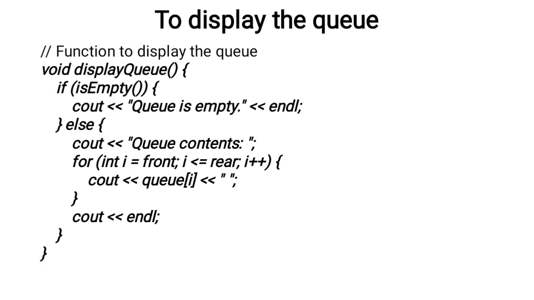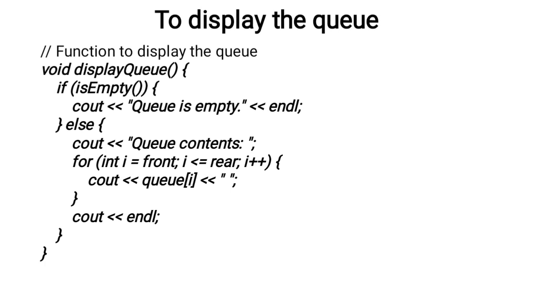Then let's understand something that is very important: displaying the queue elements. When displaying the queue elements, we can first check if the queue is empty, so that we do not display nothing. If the queue is empty, it will display that the queue is empty. But if it is false, it means that we can go to the else part, then we can display the contents. Over there I've used a for loop.